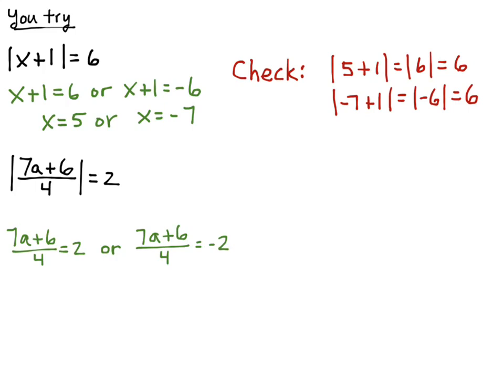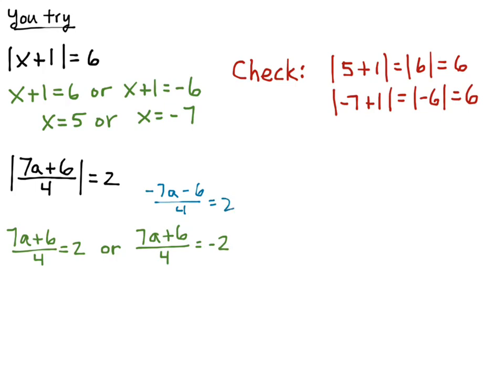Well, instead of putting it in parentheses and distributing it, I just did -7A minus 6. Ah, okay. So essentially, you did -7A minus 6, over 4, equals 2. Perfectly good.